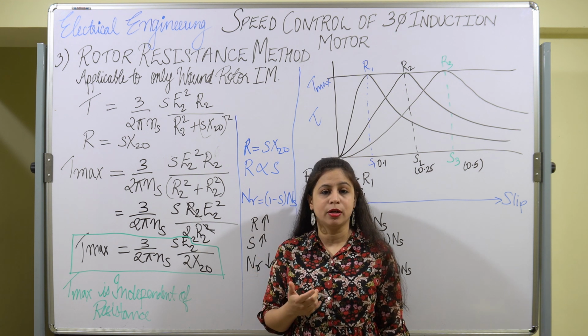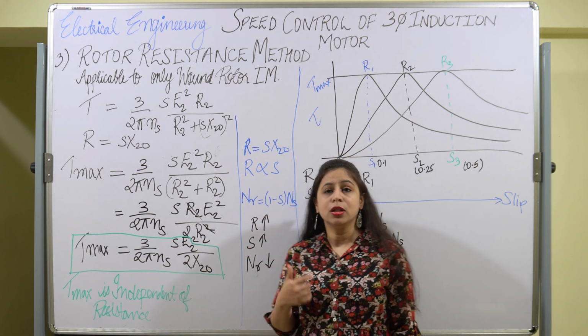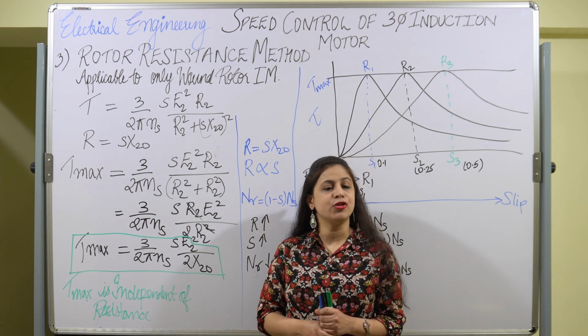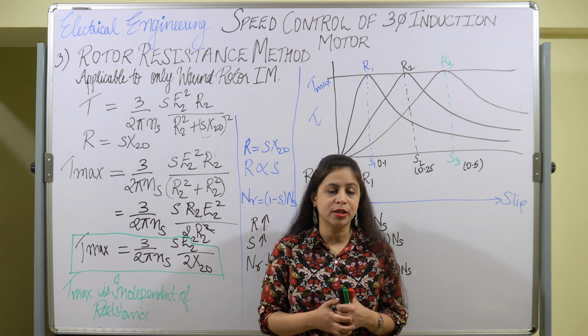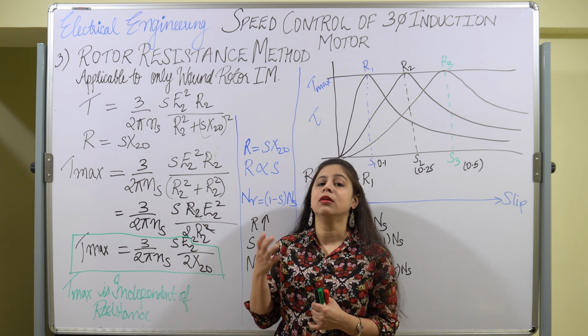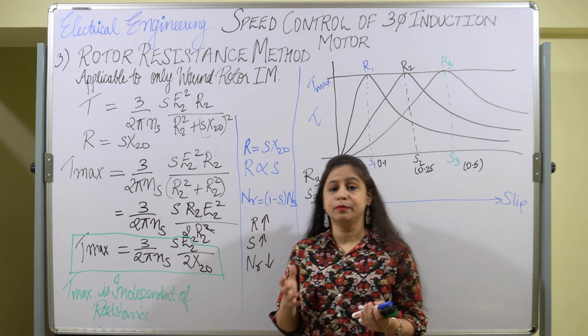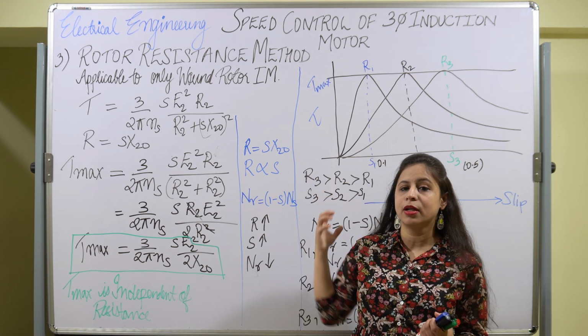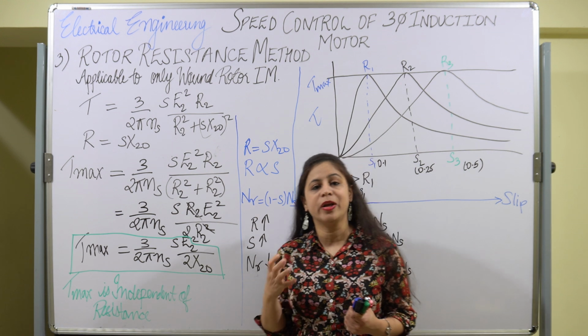This is one of the major disadvantages of this method. Another disadvantage is that the efficiency is very low. And the third disadvantage is that there are losses in the brushes, because the resistances are inserted in the slip rings, so brush loss is very high.